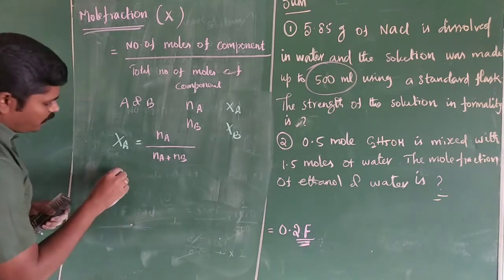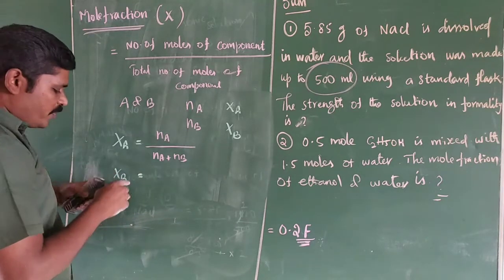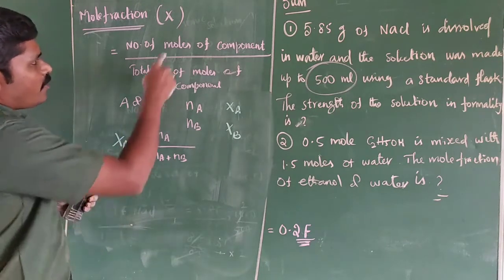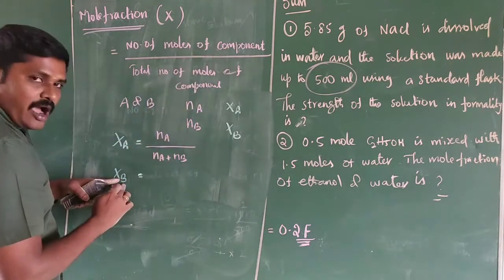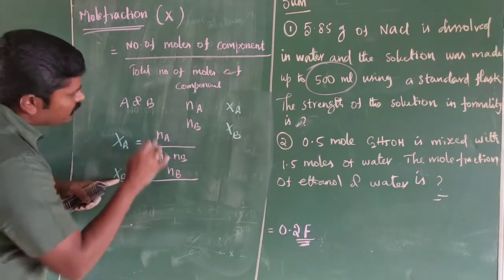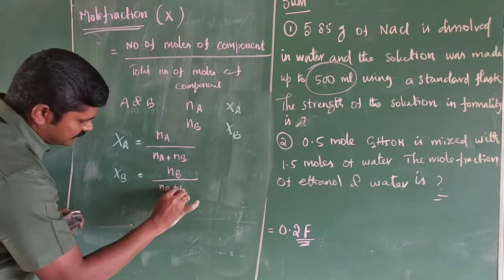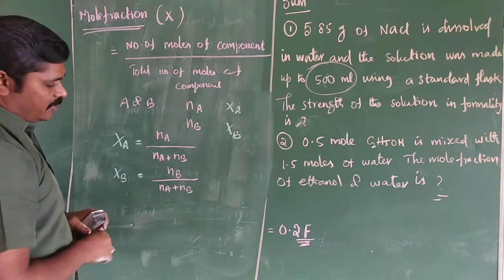And Xb, the mole fraction of component B, is equal to Nb divided by Na plus Nb.